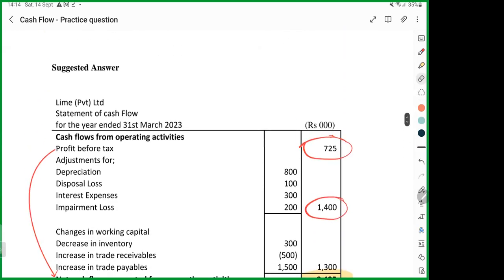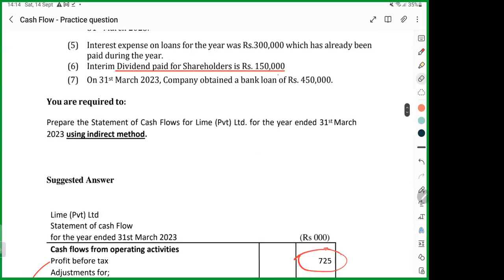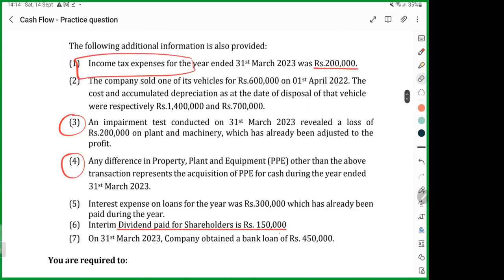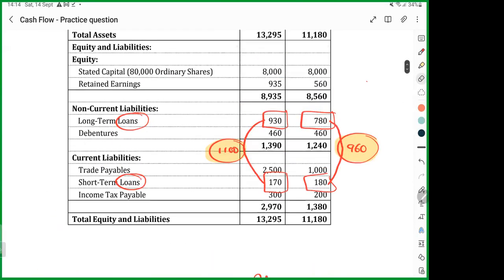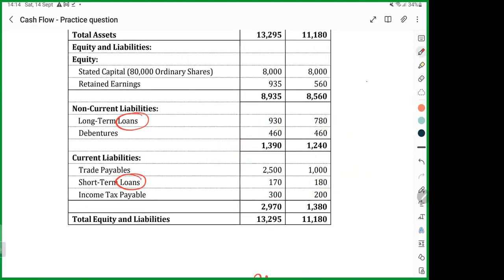You see long-term loan value increases from 780 to 930.